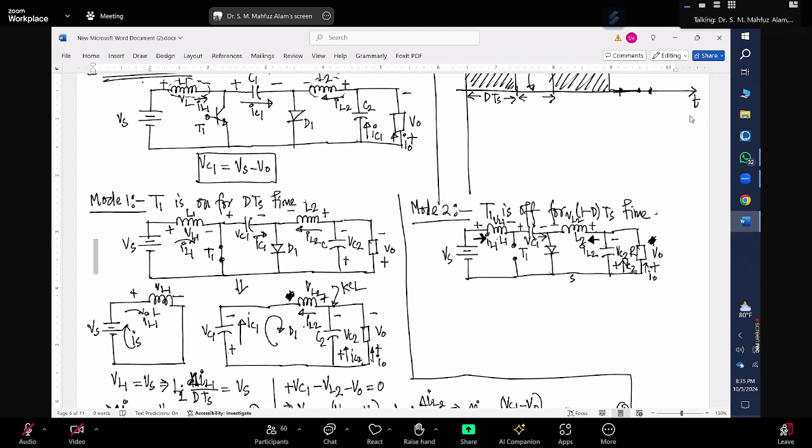Yes, sir. So when the switch is turned off, will that inductor allow current to flow in the opposite direction, or will it try to keep the current in the same direction? Try to keep it in the same direction. So this current comes here and this current comes here, and then they combine and go through this diode. So they make sure the diode is turned on so that both inductor currents can pass through this diode. Make sense?